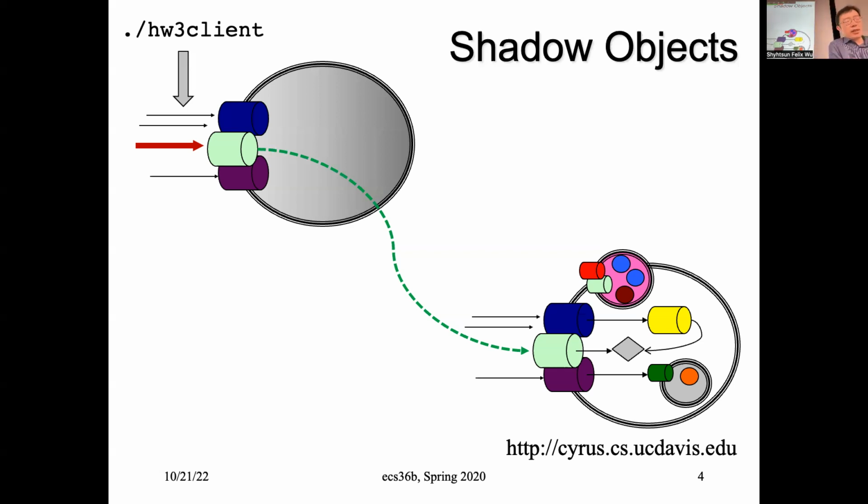So essentially, let me tell you the difference shadow object is trying to accomplish. Instead of putting the burden on the object-oriented programmer and saying, hey, you need to be responsible for understanding how to communicate with 150 ecs36b students and to interact with the object in their phones, what we would like to do is I create 150 shadow objects representing each of you on my local phone, on my local program.